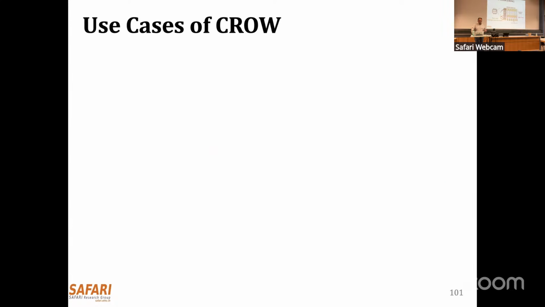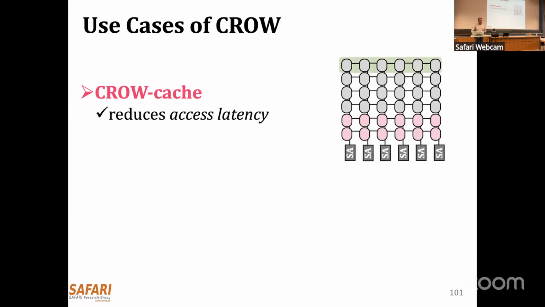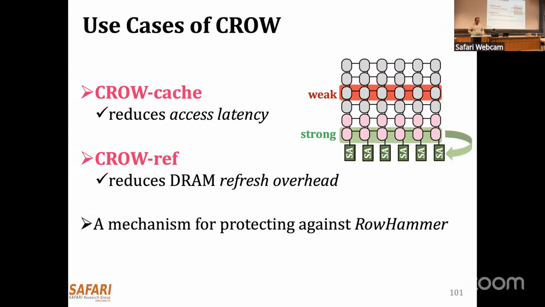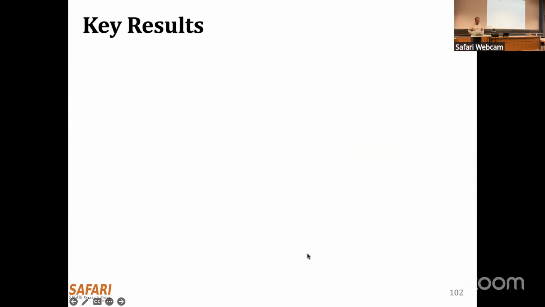That lets you not refresh as frequently, assuming rows in the CROW region are strong. You can also design a mechanism for protecting against RowHammer using CROW, which I'm not going over now, but you can check the paper, or hopefully you will see it in our memory robustness lecture.